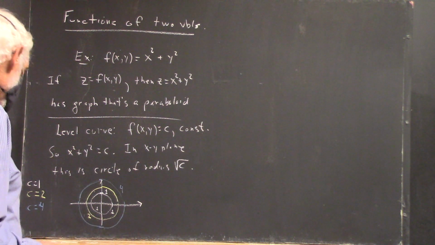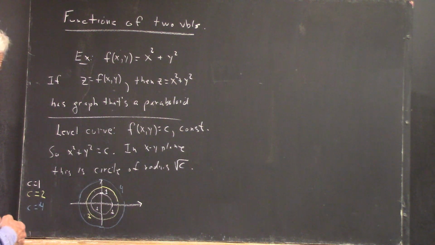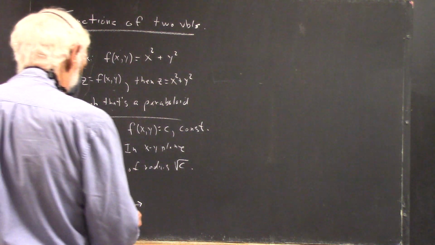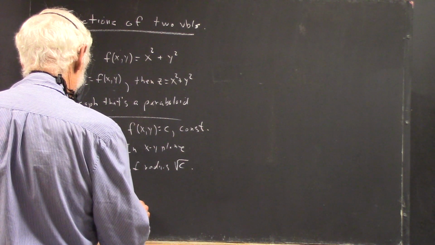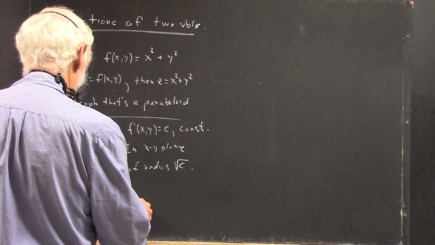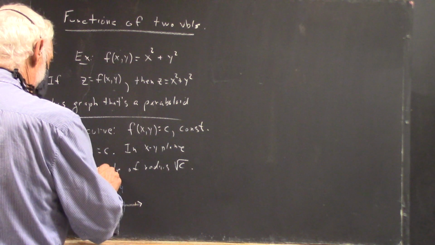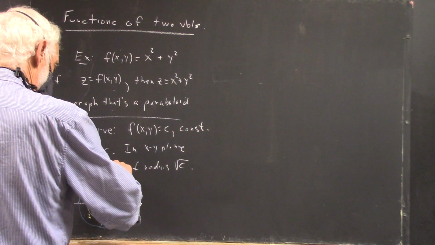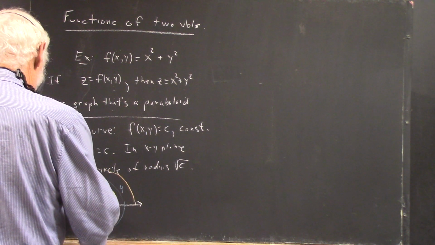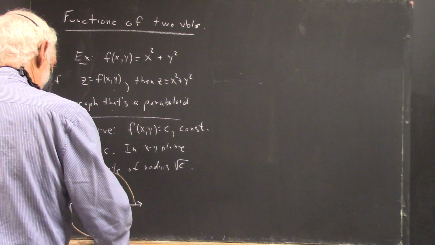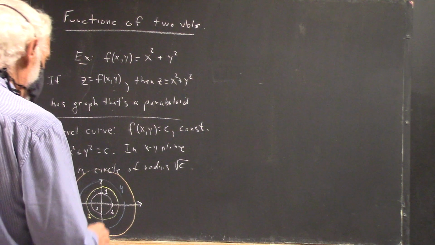And we can see that by plotting the c equals 9 curve. And that just comes out to 3 units. It'll be up here. Okay.